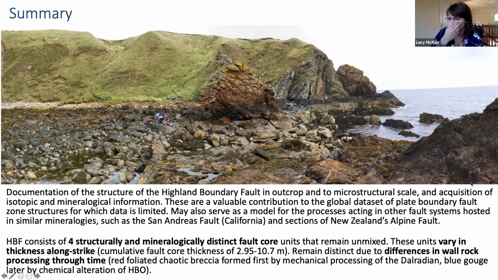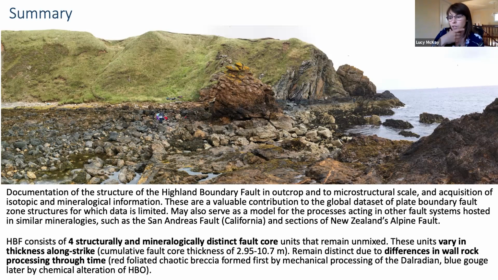So just to summarise, this lecture gave you a very brief overview of the structure of the Highland Boundary Fault and its outcrop to microstructure scale, which makes a valuable contribution to the global dataset of plate boundary fault zones, for which data is limited.